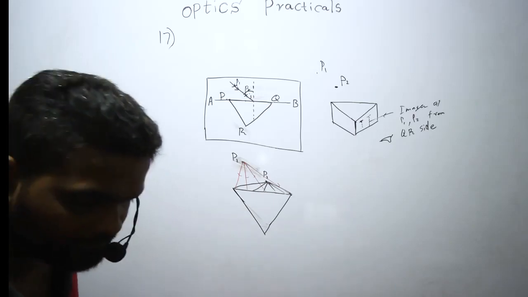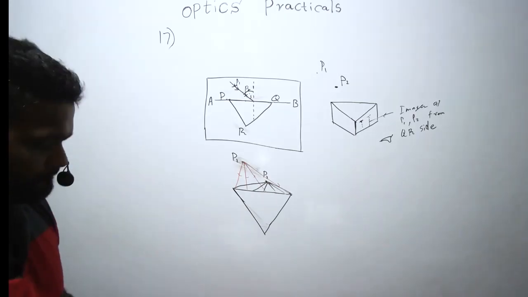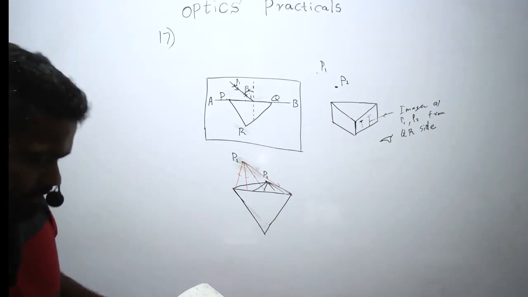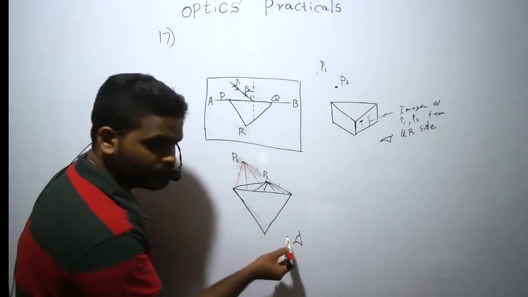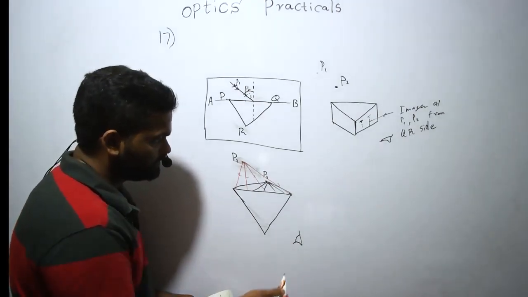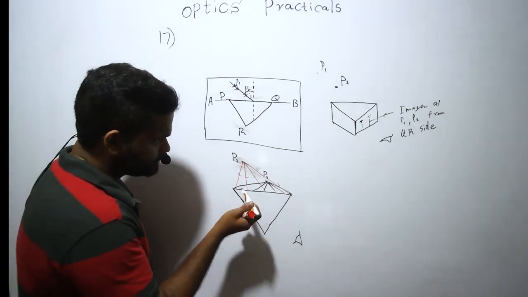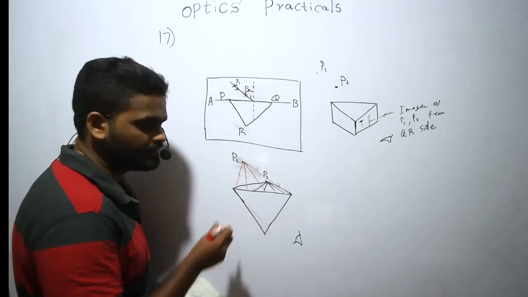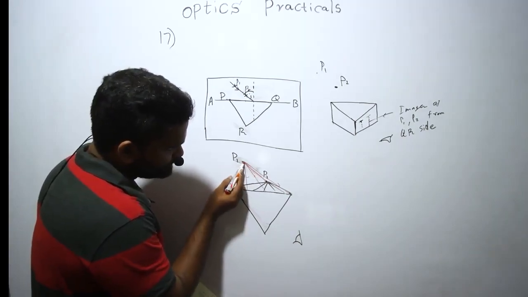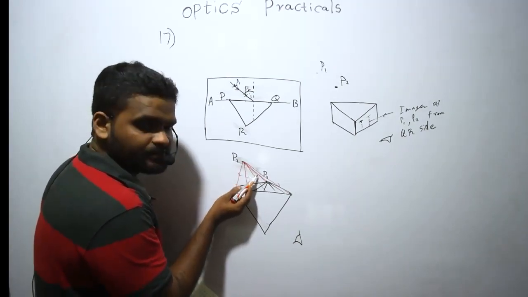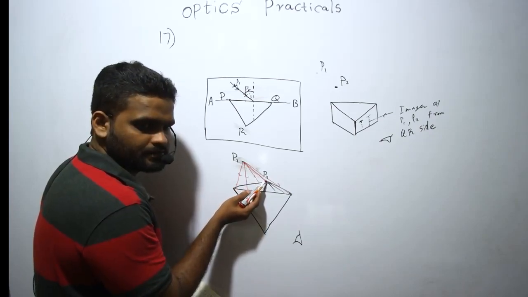Then you look from this side. You know that there's a light ray that goes onto P2 as well. But that light ray is obstructed by the P2 pin.